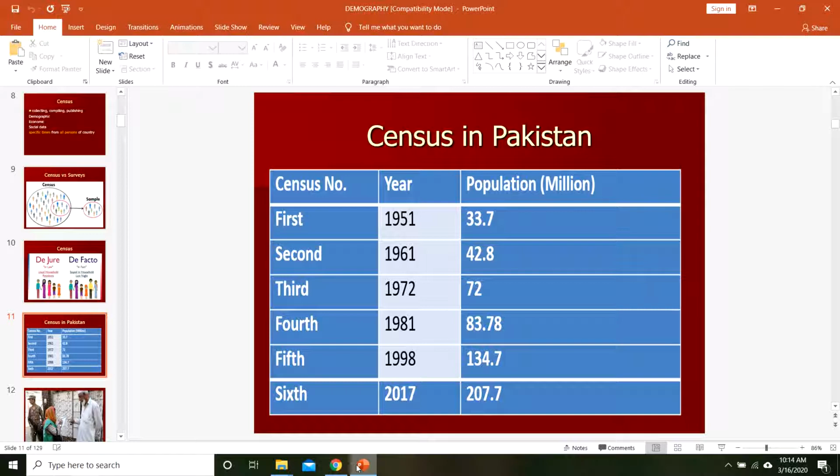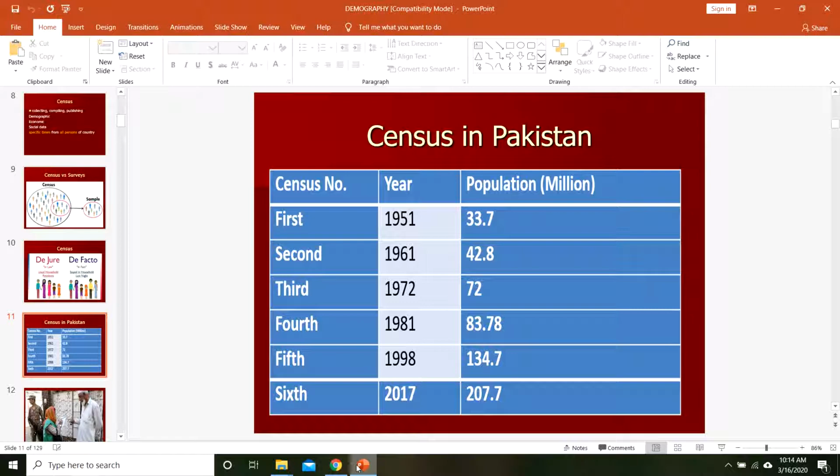Unfortunately, the sixth census was delayed for more than 25 years. It was conducted in 2017, and we project all the statistics obtained from that sample.